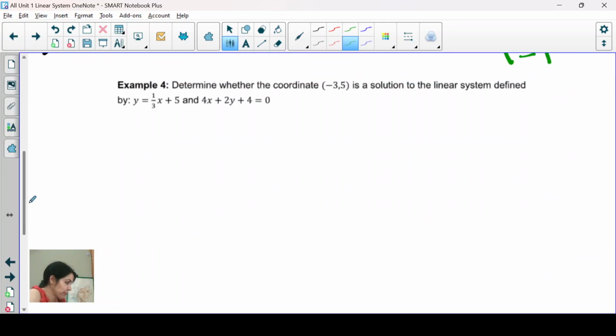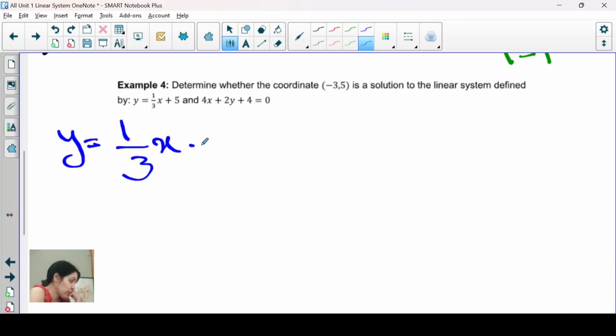Last example. Determine whether the coordinate (-3, 5) is a solution to the linear system defined by this. Okay, I rewrite the equation. The first equation is y equals 1/3 x plus 5.